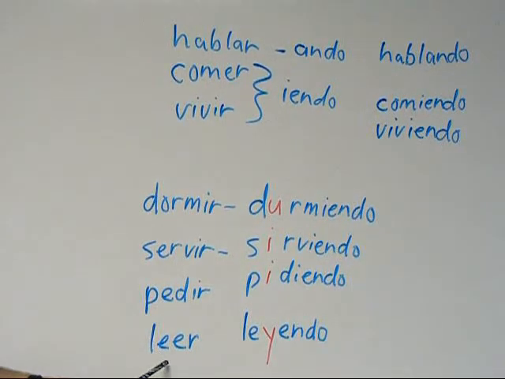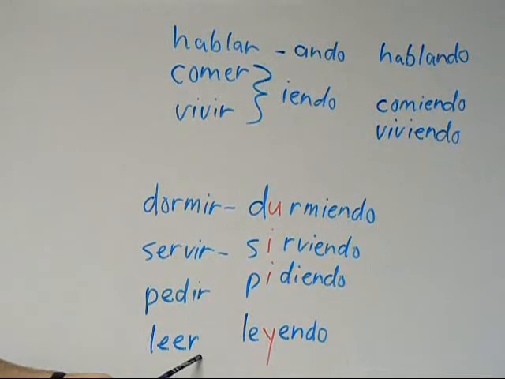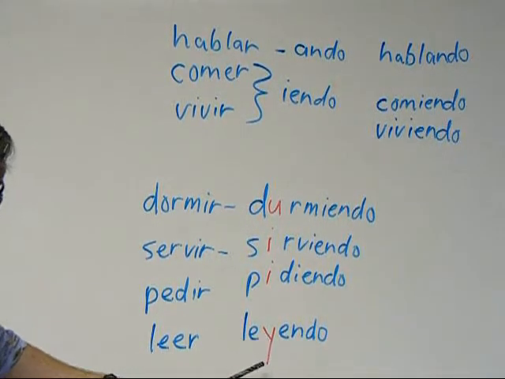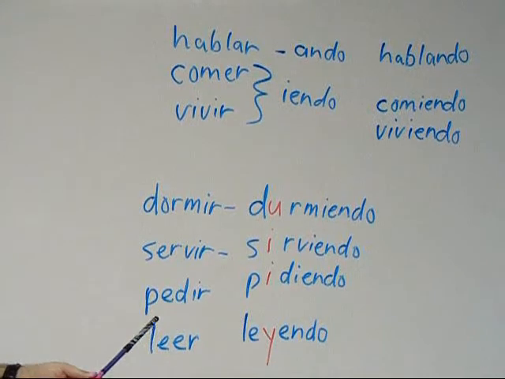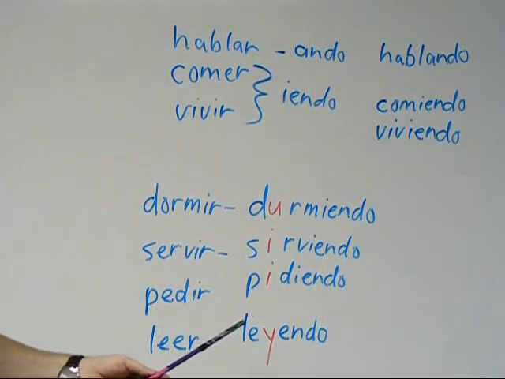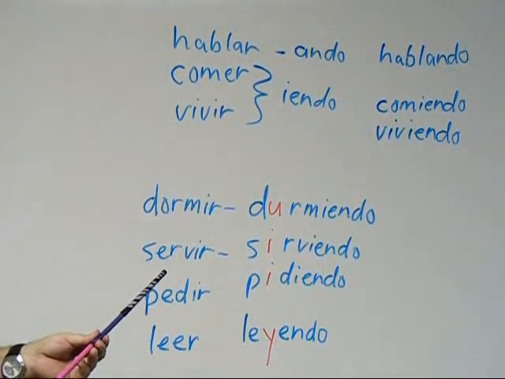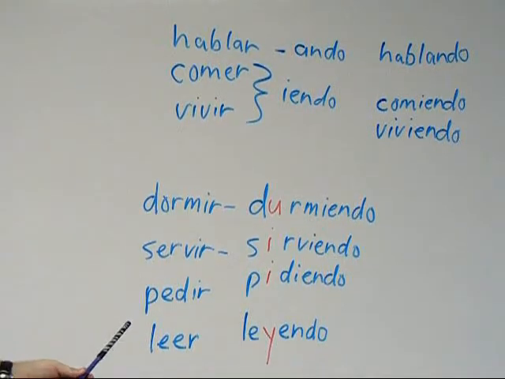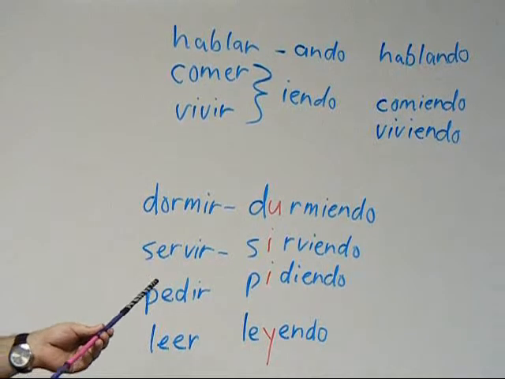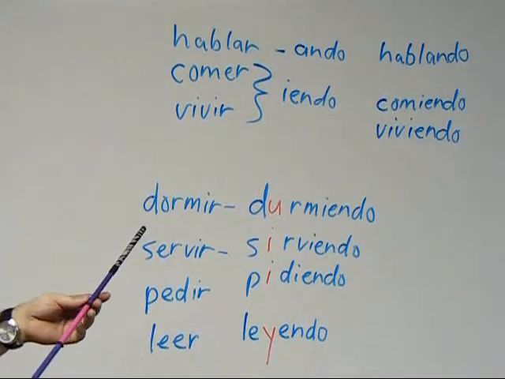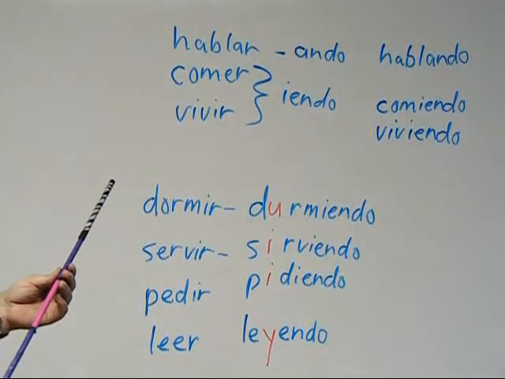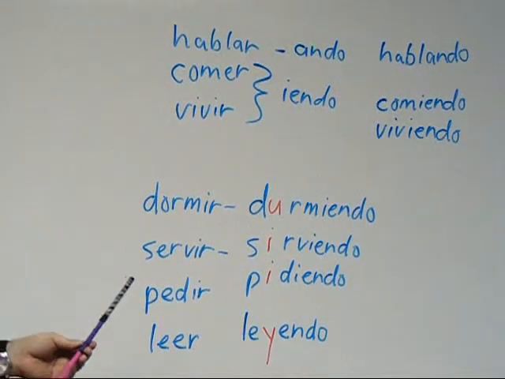And then this last verb I have here, leer, to read. Notice that the I has been changed to a Y. The reason for that is that when I just have two vowels, Spanish forms diphthongs. It knows how to handle that. But if I have more than two vowels in a row, there's no rule for governing that. So Spanish, generally speaking, avoids three vowels in a row unless one has an accent.